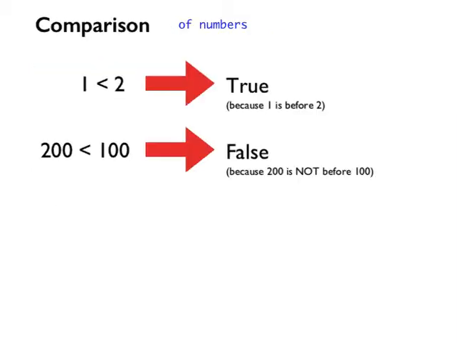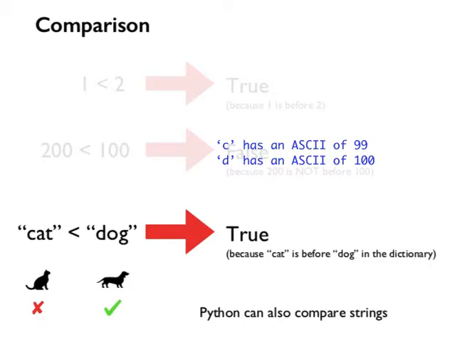We know that when we compare numbers, it's really obvious how numbers are compared. We know that 1 is less than 2 because in our ordering of numbers, that's what the case is. We know that 200 is less than 100 is a false statement. That's not true in terms of ordering of numbers.